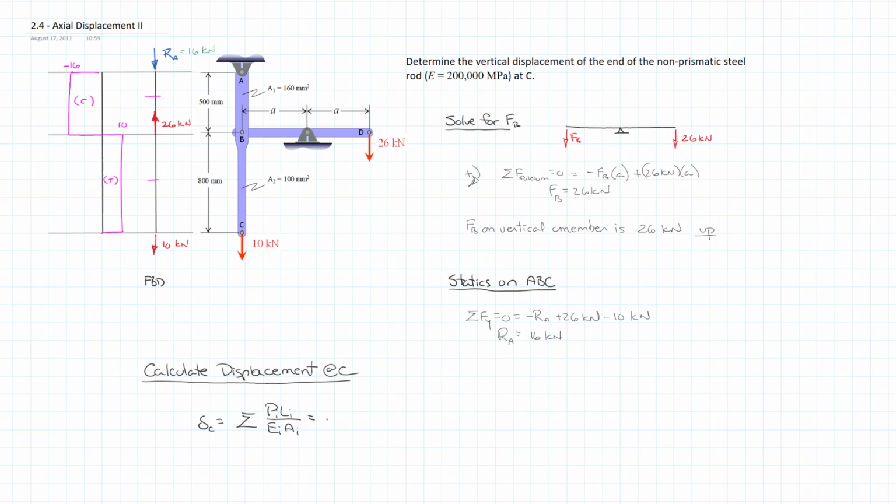And as I mentioned earlier, we have two sections. So we're just going to first deal with the section between A and B, and then we'll deal with the section between B and C, adding them up.